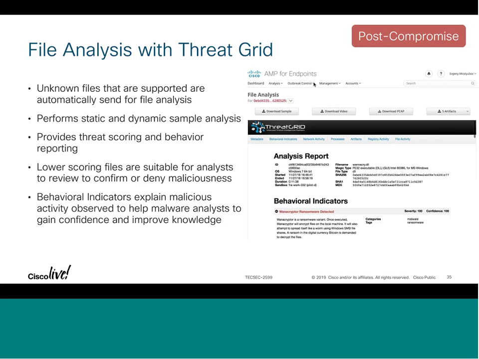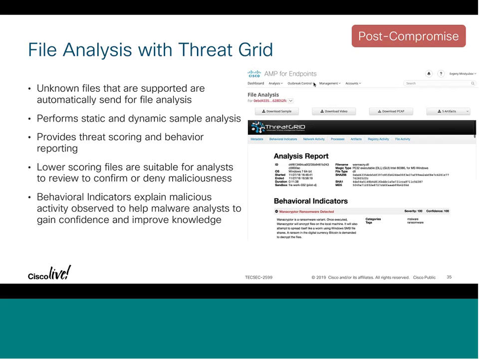ThreatGrid provides behavioral indicators, not definitive convictions. The source of truth for whether something is bad or not is going to be the AMP disposition, not a number that you get from a ThreatGrid run. So that's always very important to keep in mind.